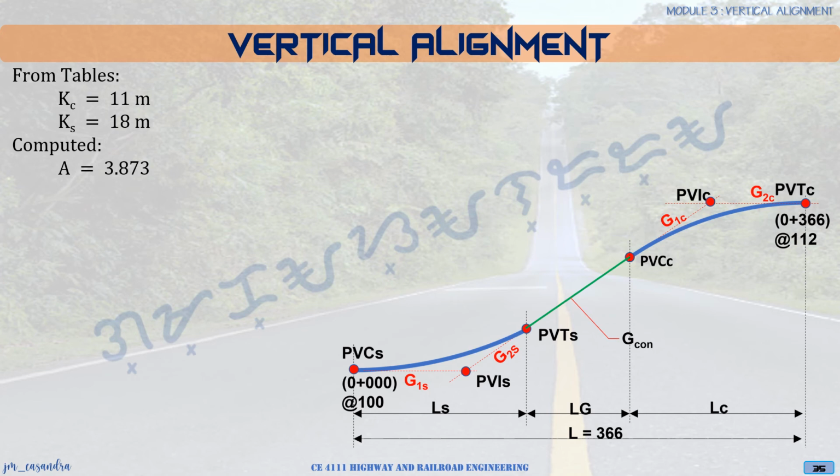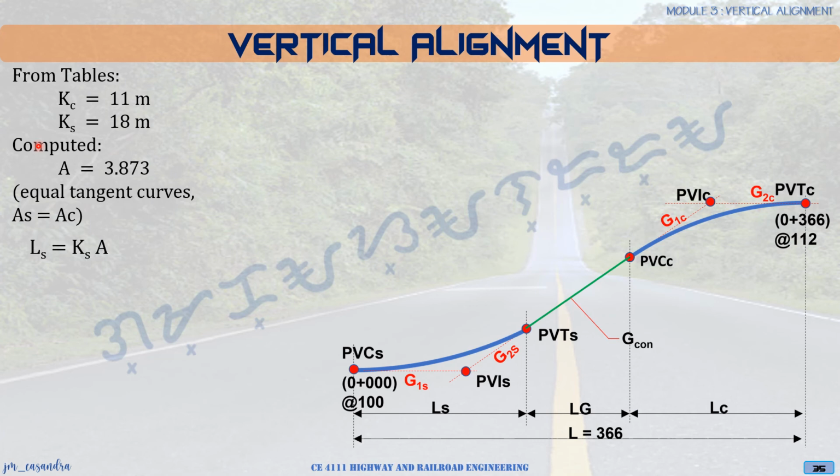Given our diagram, the values from the table, and our computed economizing A of 3.873%, we have equal tangent curves, therefore ES is equal to EC.